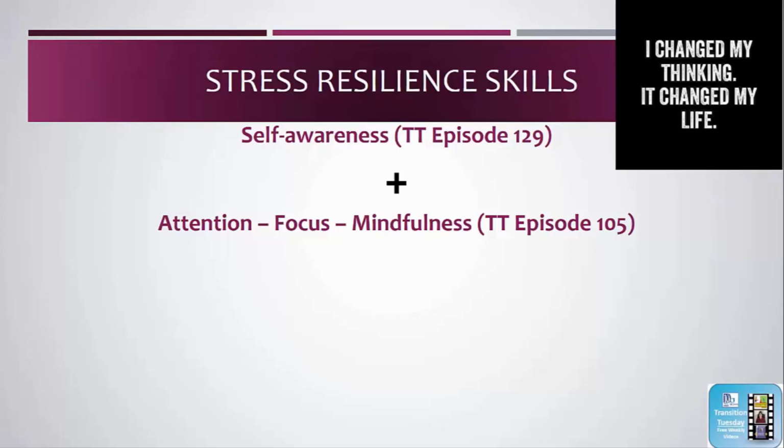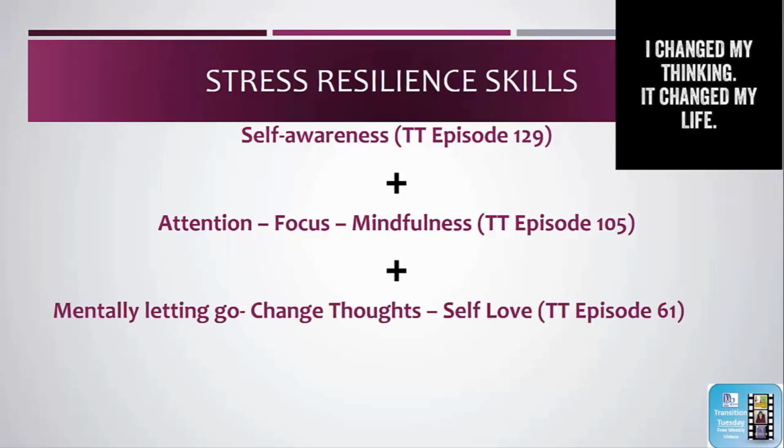This skill was covered in Transition Tuesday, episode 105. Again, please go back to this episode and download the bonus for teaching resources. Another skill is mentally letting go, changing thoughts, or self-love. Self-love was taught in Transition Tuesday, episode 61.